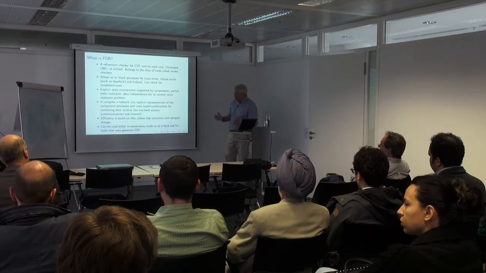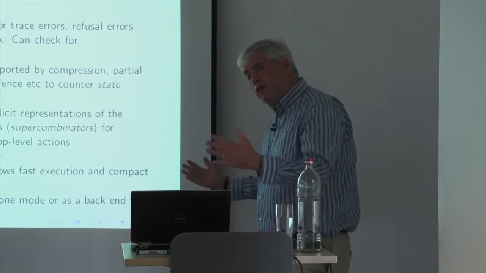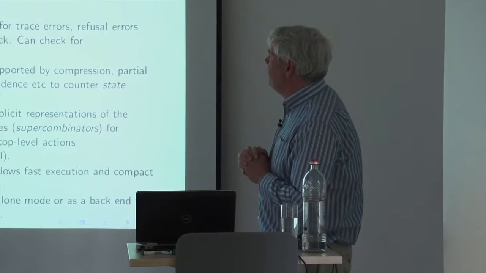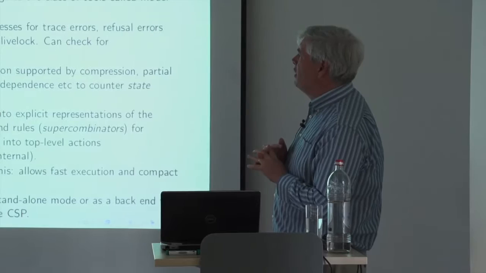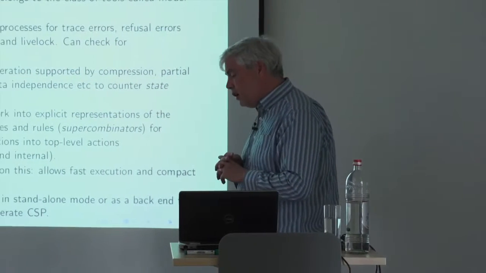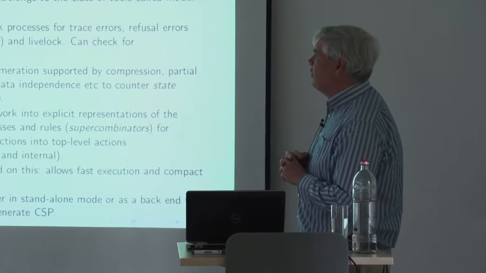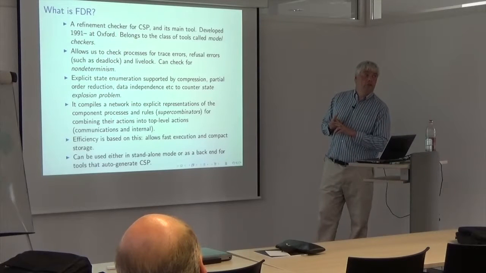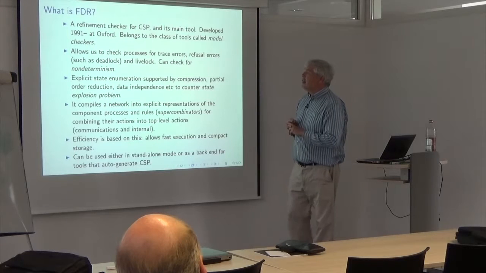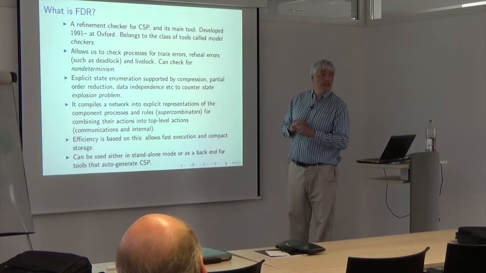And this is a refinement checker, but most people would view it as one of a large class of tools called model checkers, which I can talk a bit about in a moment. But basically what it does, with one or two other bells and whistles, is it tests for refinement over some of these models that I talked about earlier on. And it's been developed continuously, more or less, since 1991 at Oxford. It's currently in one of its most rapid development phases, having gone fallow for a few years previously.